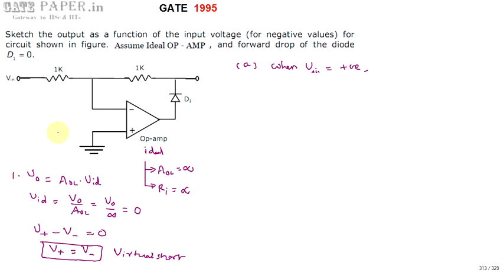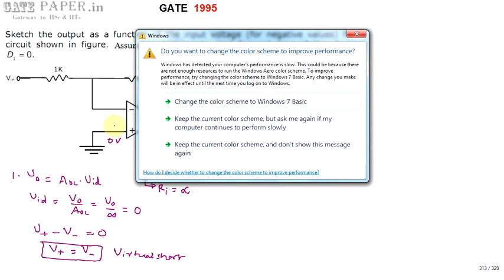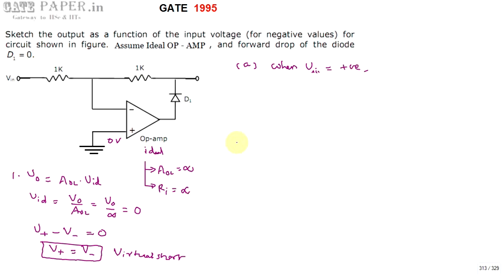And now, the voltage at the non-inverting terminal is 0 volts, and because of the virtual short concept, which is only possible for an ideal op amp, the voltage at the inverting terminal is also at 0 volts, and this point is 0 volts.